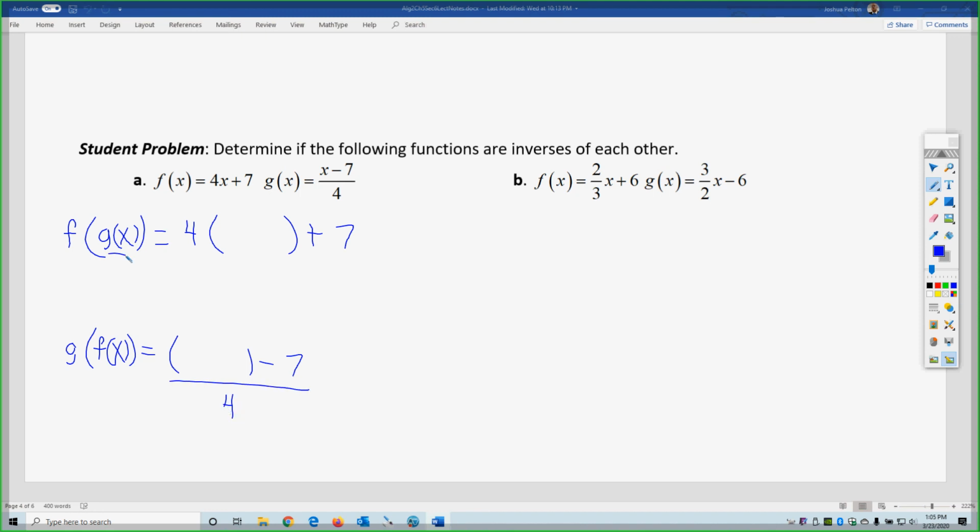So we're going to plug in g, which is (x minus 7) over 4, and we're going to plug in f, which is 4x plus 7. So here, those cancel. We're left with x minus 7 plus 7, which is x. That worked. Check mark. And then here we have 4x over 4, because the 7 and minus 7 cancel.